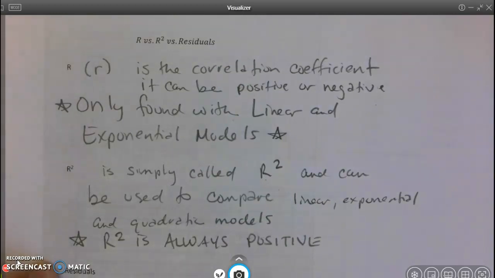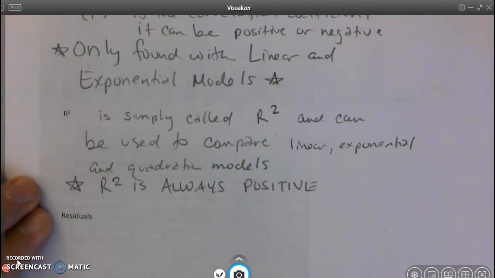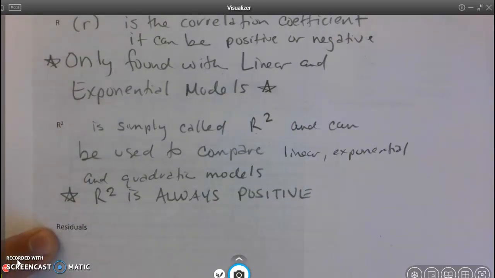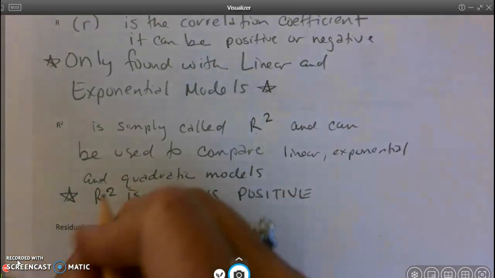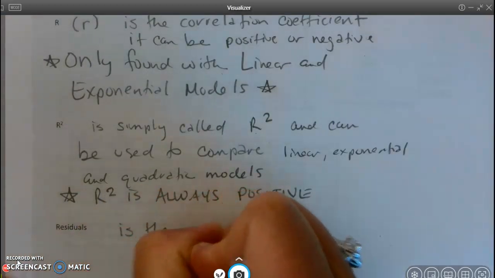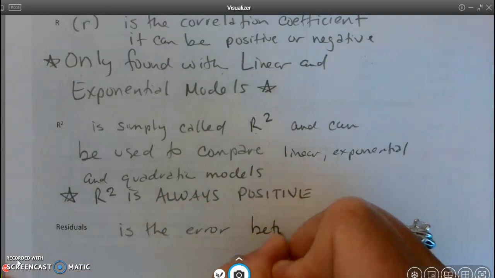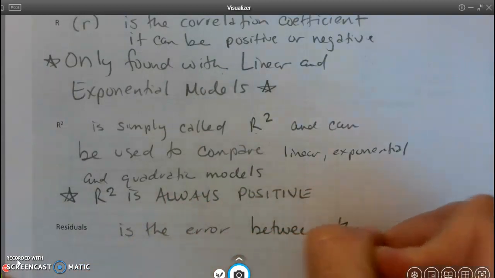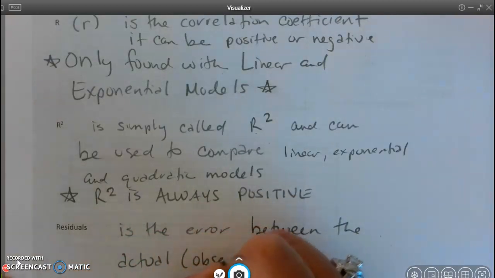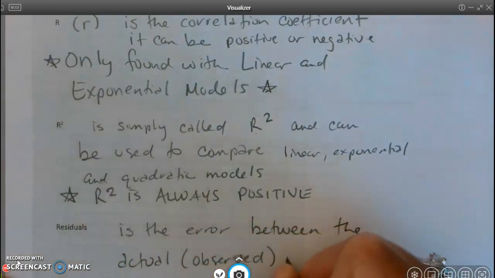And then residuals. Because residuals starts with the letter R, people think somehow R is a residual, or R squared is a residual. A residual is the error between the actual, also called observed value, and the predicted value.